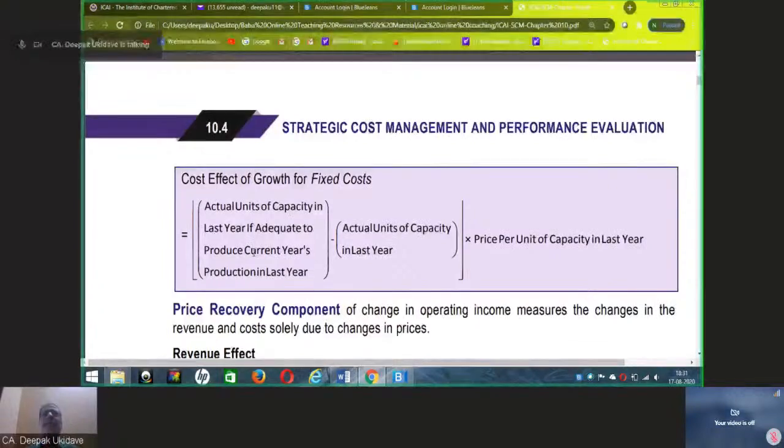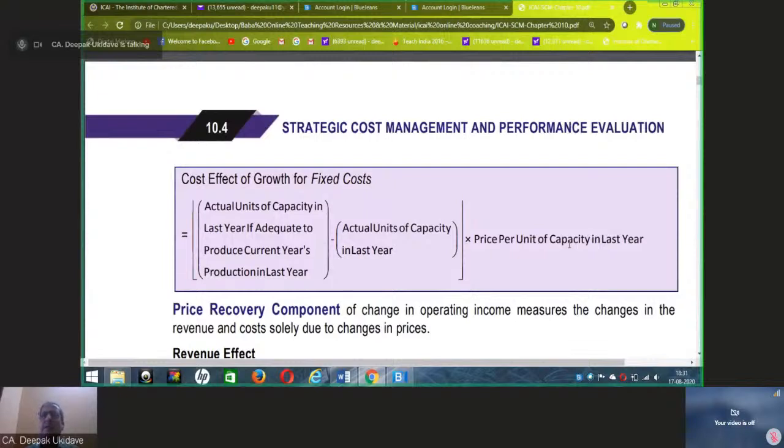Current year's production in last year means standard quantity for actual output, something like that. So standard capacity and here actual capacity that is used. So we find out the volume of units of finished product, because fixed cost we consider on finished product, multiplied by price per unit of the capacity in the last year.